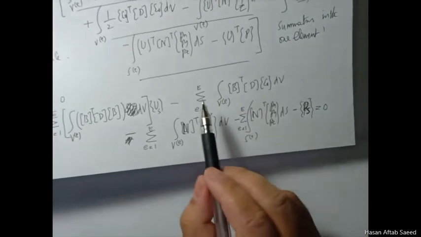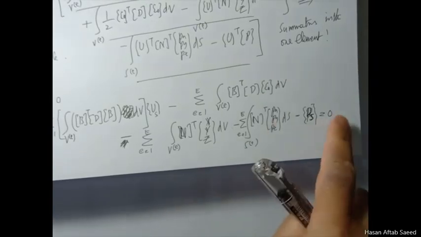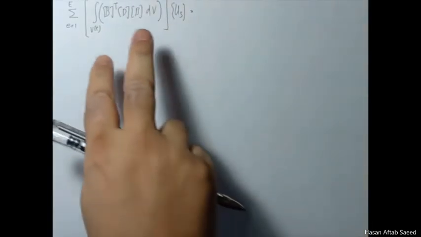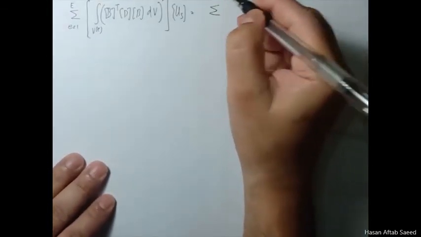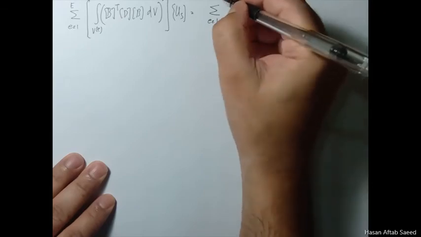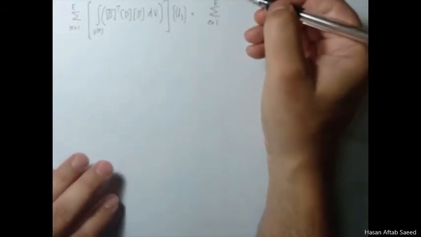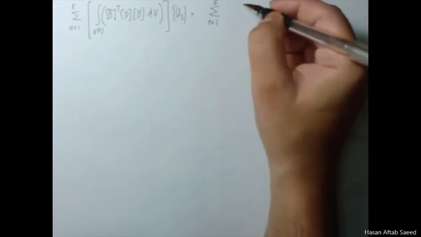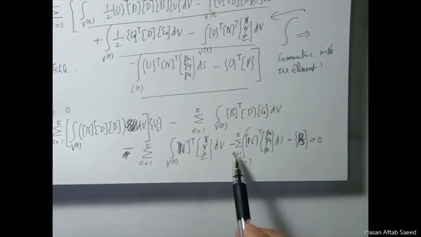And all these things we can take to the right hand side and change their signs, because this is 0. This is the K matrix now, and all the other matrices are F matrices. So we can write, and again, the summation is the same for all these three.